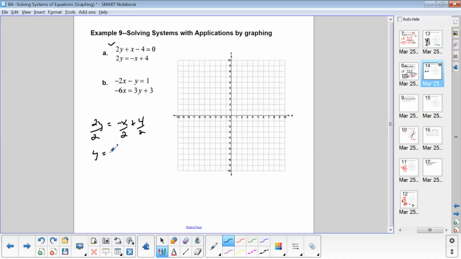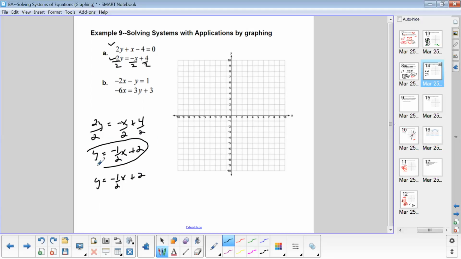So that's y equals negative 1/2 x plus 2. And then the second one here, I'm just going to go ahead and divide by 2. I think I started with one equation and jumped to the next one. 2y is equal to negative x plus 4, so I'm going to divide by 2 here, here, and here. So that gives me negative 1/2 x plus 2.